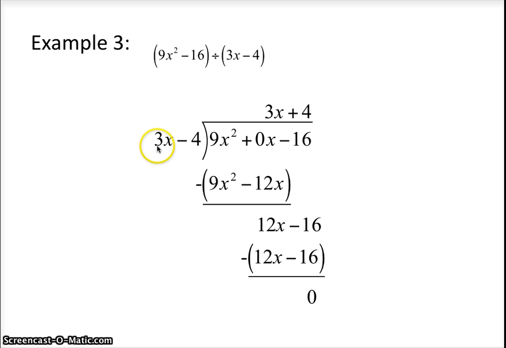What do we multiply 3x by to get 12x? A positive 4. So positive 4 times negative 4 is minus 16. Positive 4 times 3x gives you 12x. Subtract that from the line above and you get a remainder of 0. So we can see that with our divisor of 3x minus 4, we get a quotient of 3x plus 4.